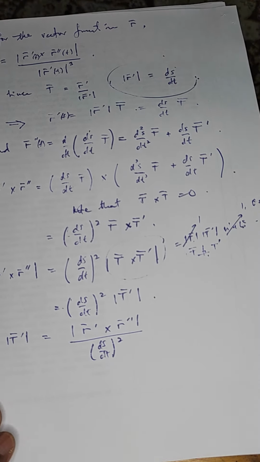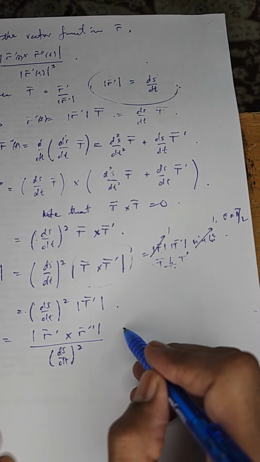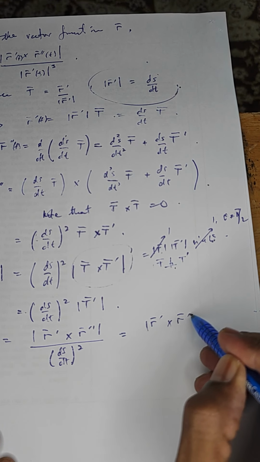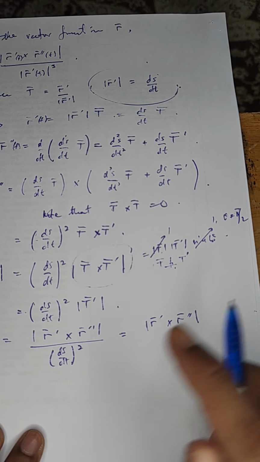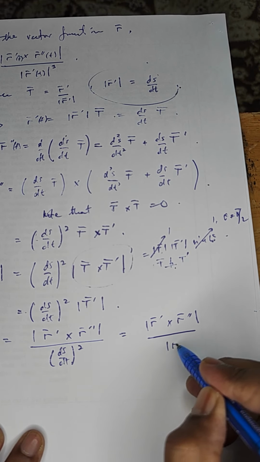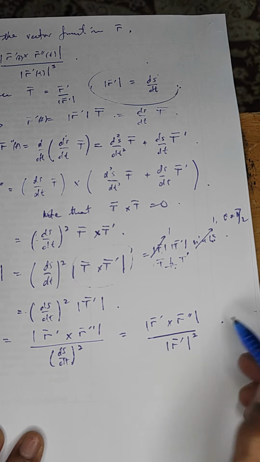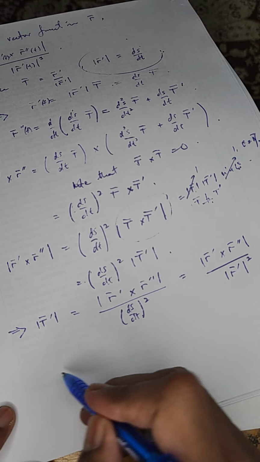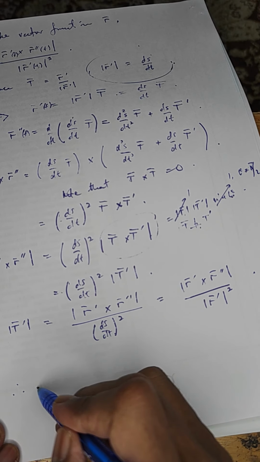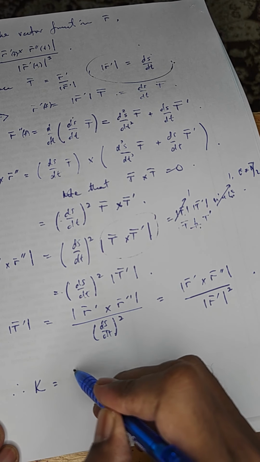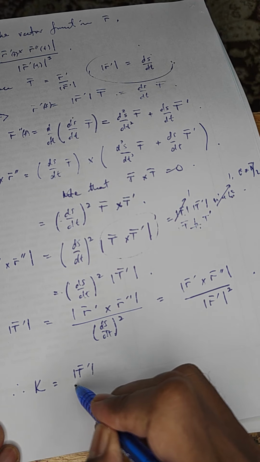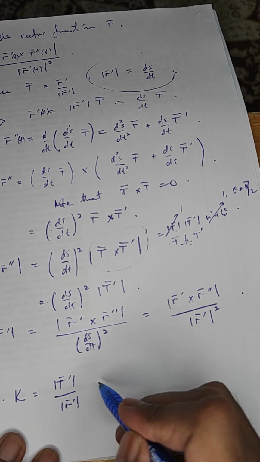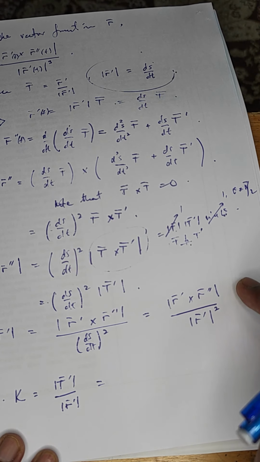Okay, so therefore we can write this, r prime cross r double prime, and this is, we have r prime squared. So therefore, by definition of curvature, which is magnitude of T prime over magnitude of r prime, that gives you T prime is this.